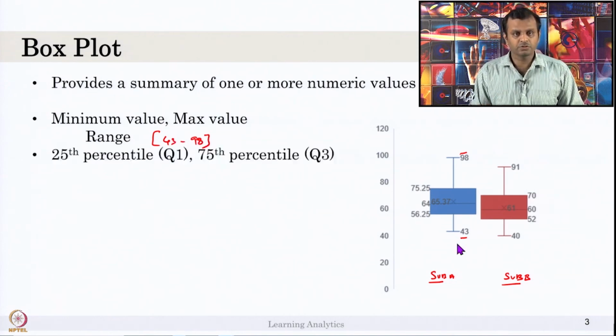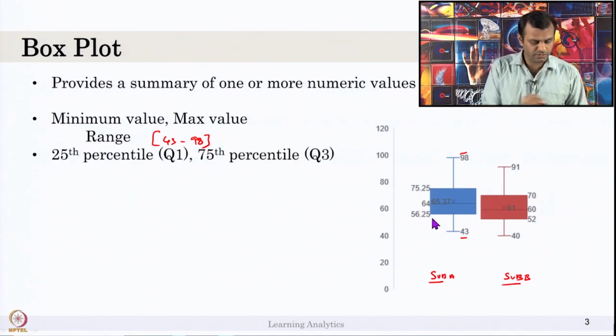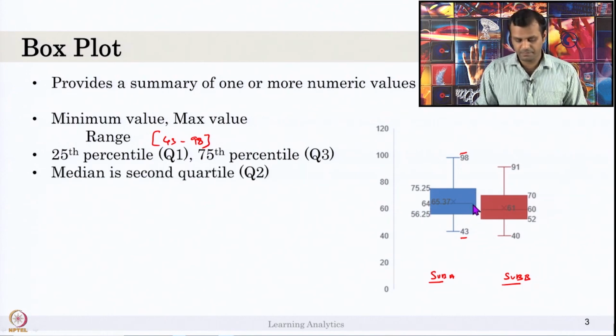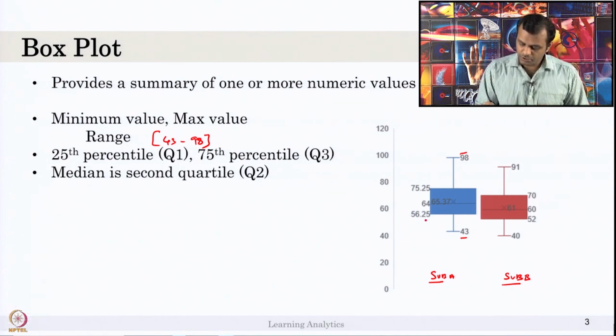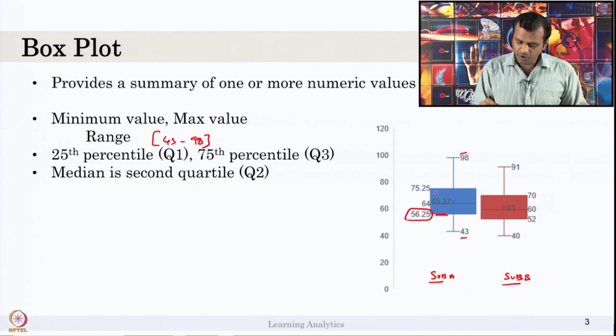And you see there is a 25th percentile, that is Q1, and this is the 75th percentile, and the median is the 50th percentile. The 25th percentile is the lower edge of the box and the upper edge of this rectangle is the 75th percentile.